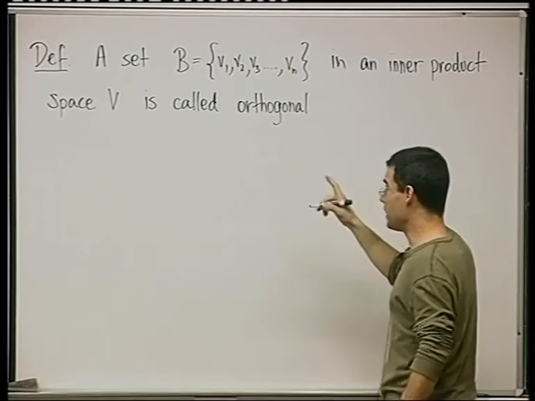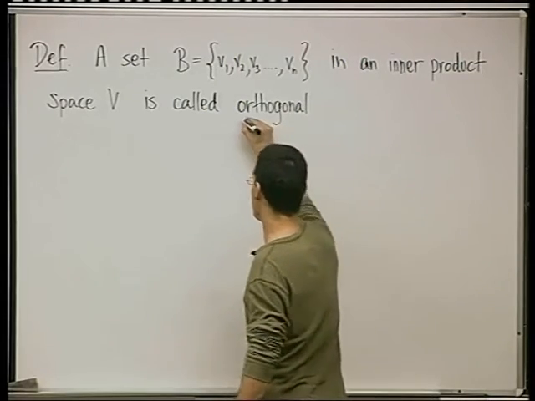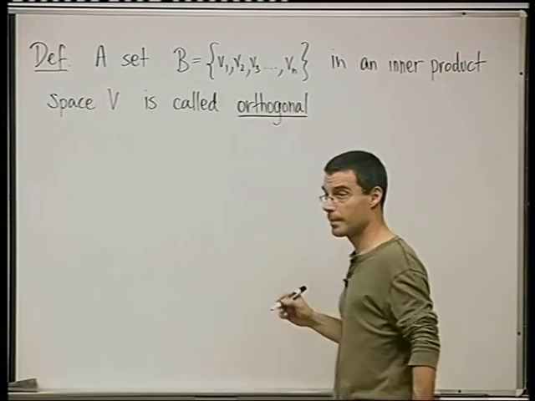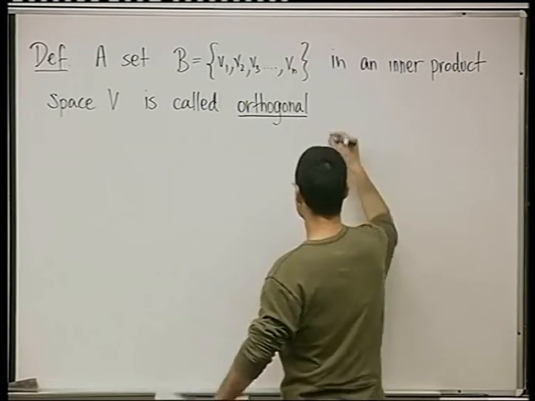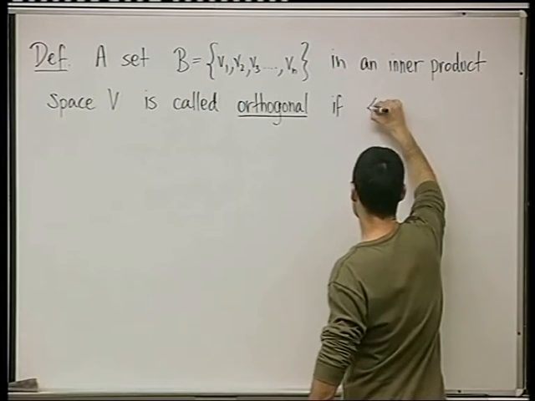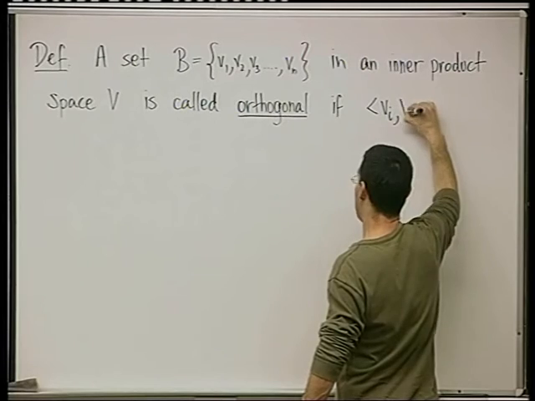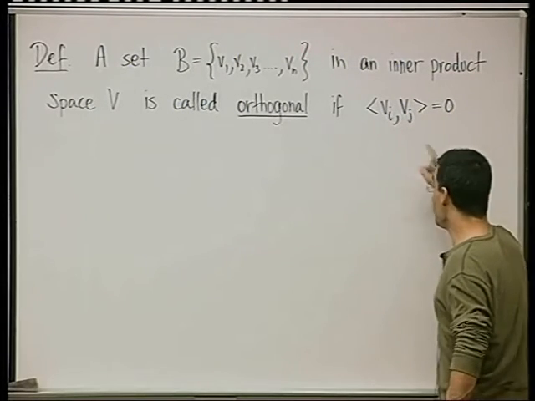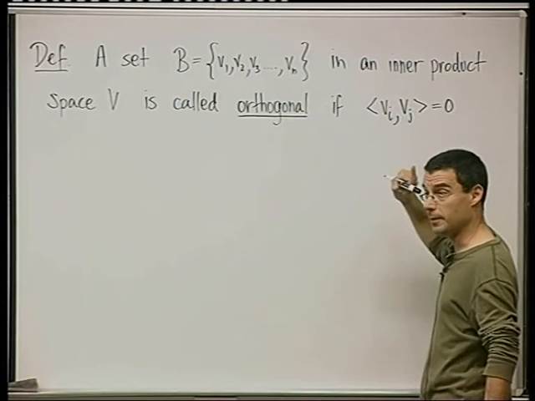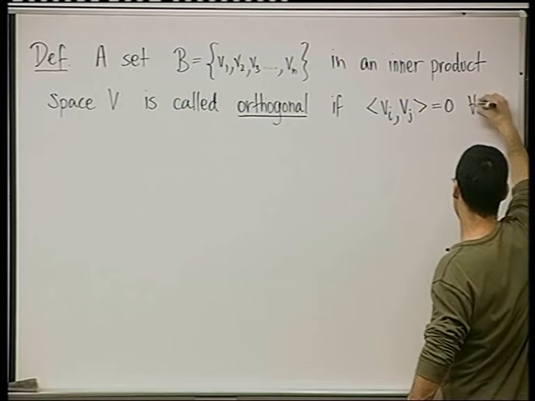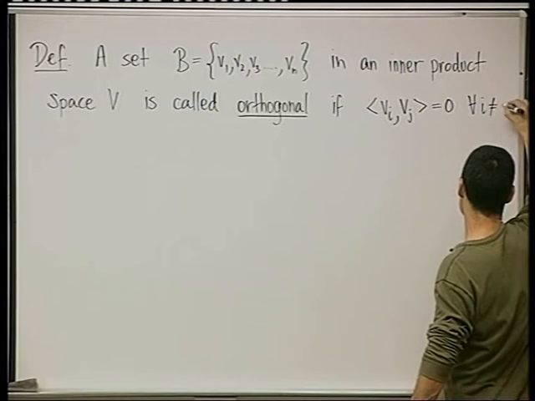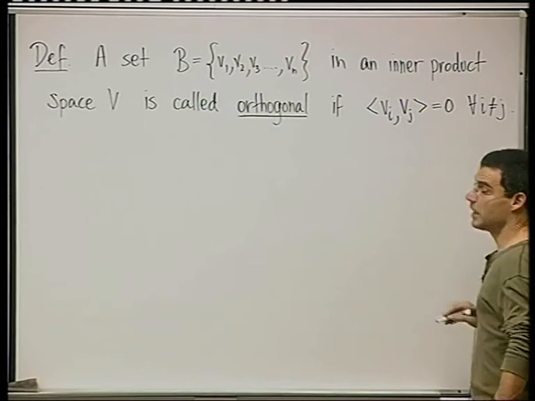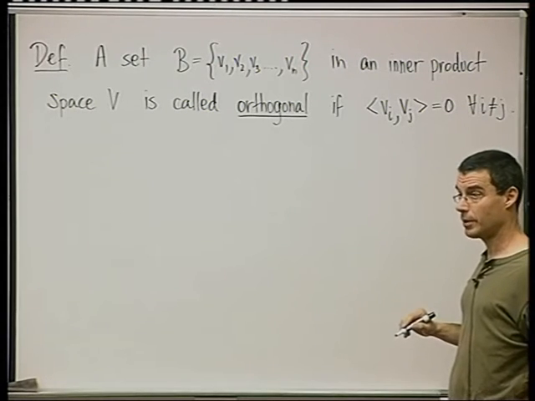So now I'm defining what orthogonal means for a set. If the inner product of vi and vj is 0 whenever i is different than j, for all i different than j, that's an orthogonal set.